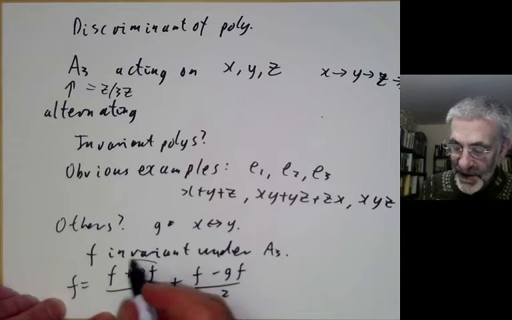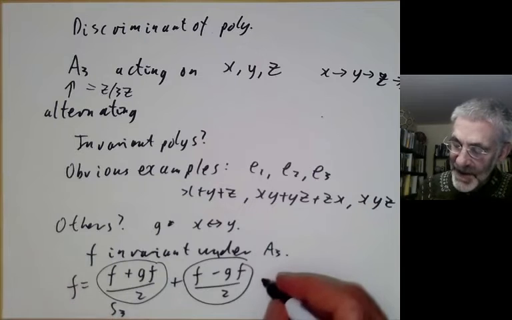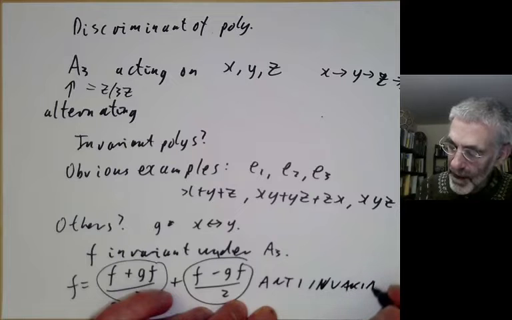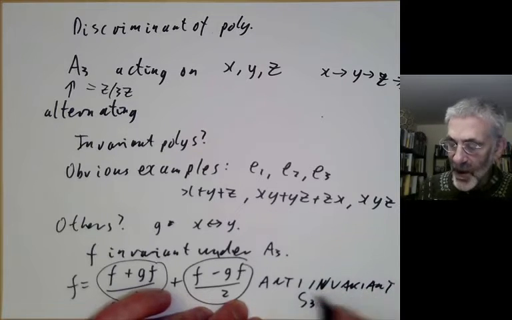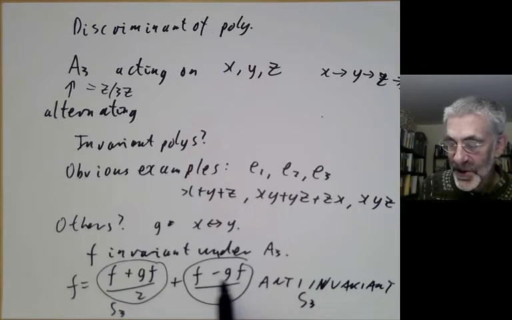And we notice that this is invariant under S3, whereas this is anti-invariant under S3. What that means is if we act on it by a transposition of S3, this actually changes sign.